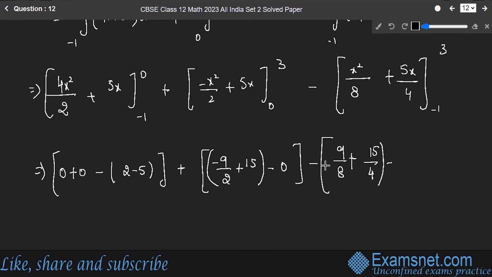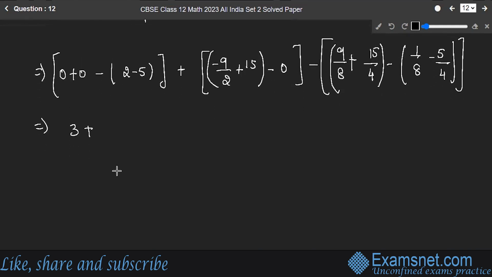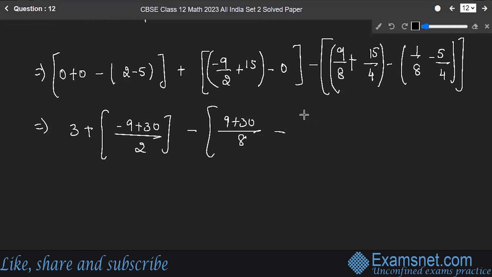that is equal to 9 by 8 plus 15 by 4 minus 1 by 8 minus 5 by 4. Hope you are getting till here. So that's gonna give you 3 plus minus 9 plus 30 upon 2 minus of 9 plus 30 upon 8 minus 1 minus 0, 10 upon 8.